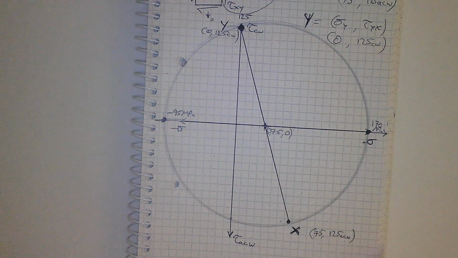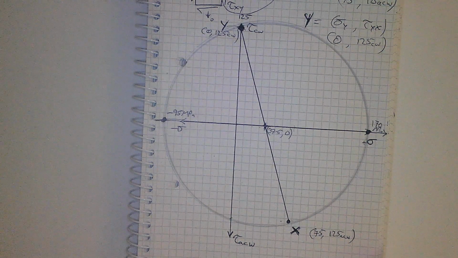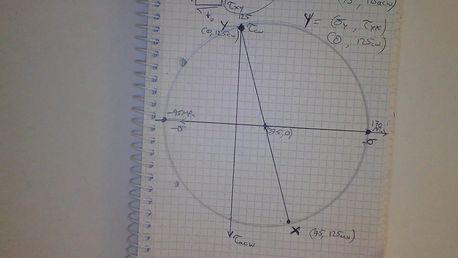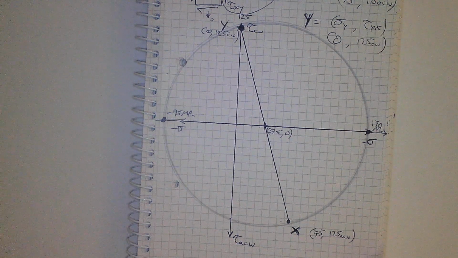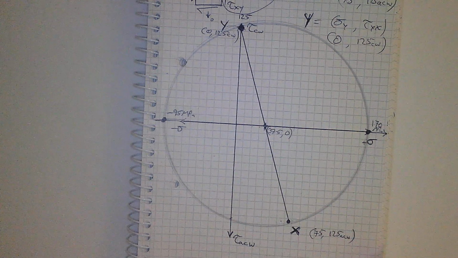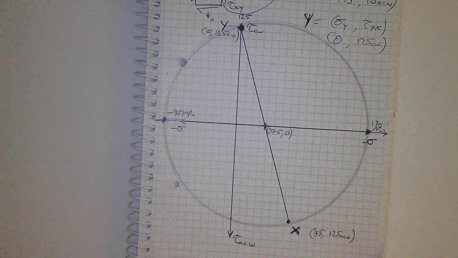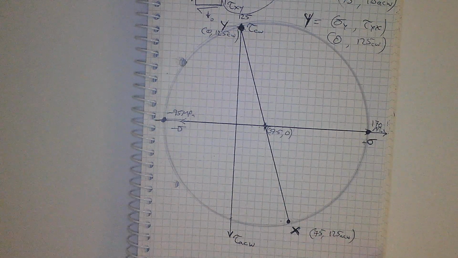Even if you're using the mathematical solution, I would always recommend that you do a graph anyway, because for calculating the angles and the direction of those angles, I think the graphical method is hard to beat, visualizing the direction of those.